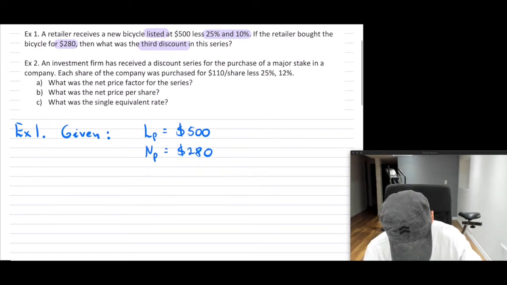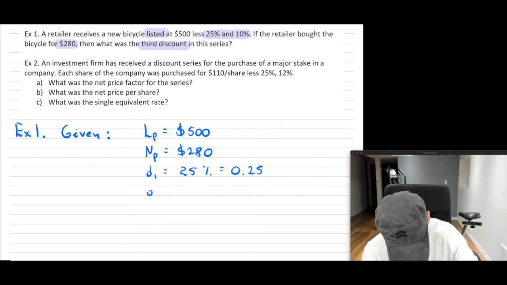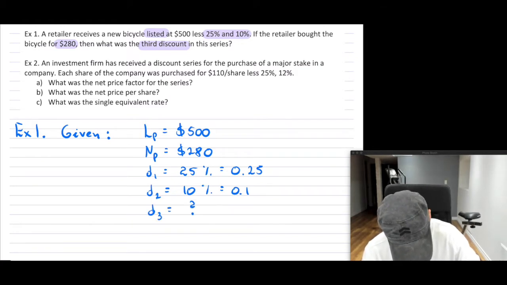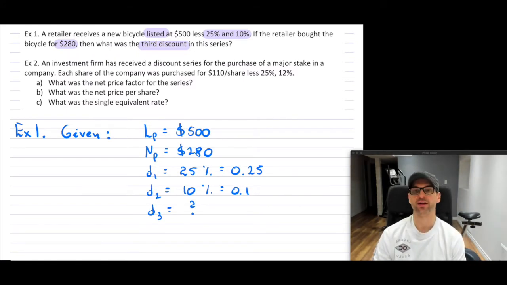And then we have 3 discounts, 2 of which we know. One is 25%, which is 0.25 as a decimal. The second one is 10%, which is 0.1 as a decimal. And the third one, we have no idea, and we're supposed to find that third discount.